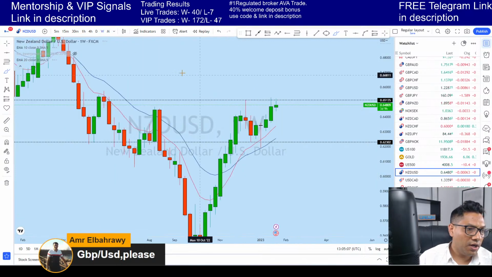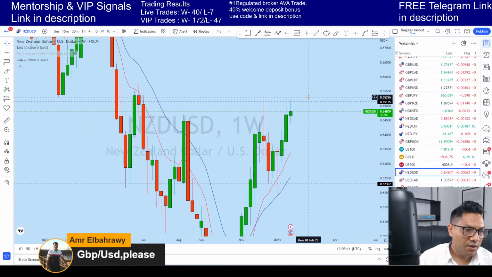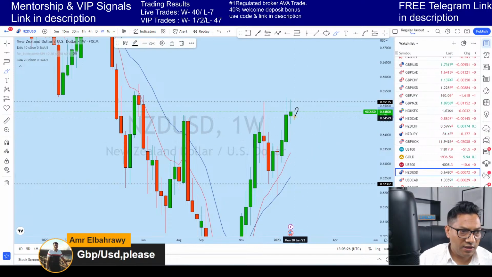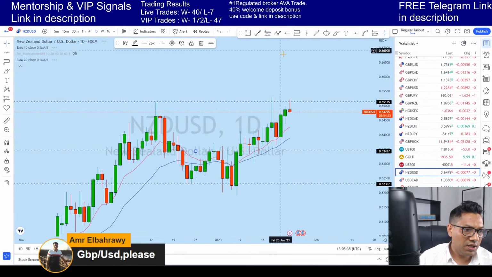Looking at the weekly perspective, we see that NZDUSD, in a similar way, has a long wick candle. The price has gone half of the wick of this long wick on the weekly and then rejected. So, like GBPUSD, I think NZDUSD as well will have a rejection, and highly likely this price will come back to this level.